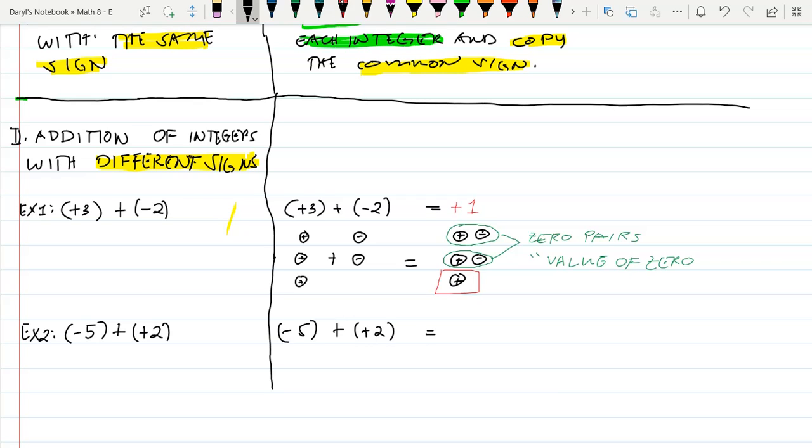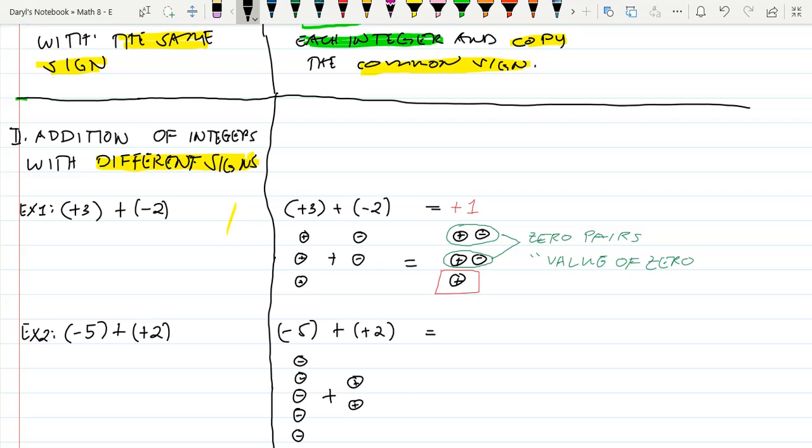Before I write the sum, I'm going to use chips again. I can represent negative 5 as 5 negative chips, added to, or just combined with, 2 positive chips.